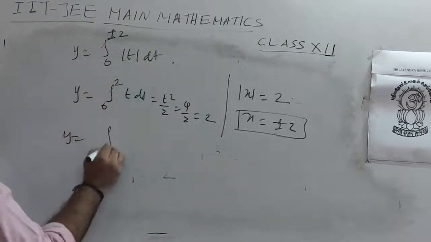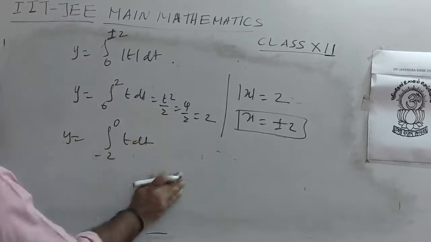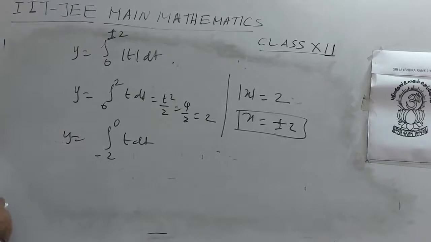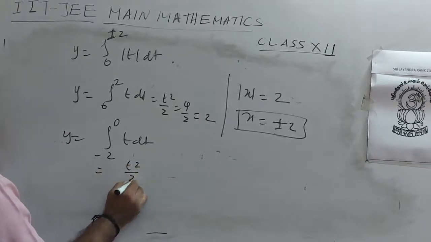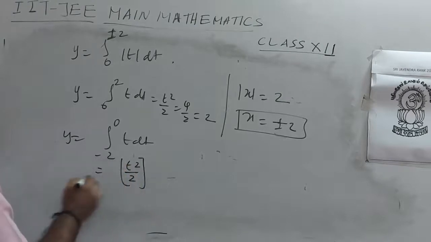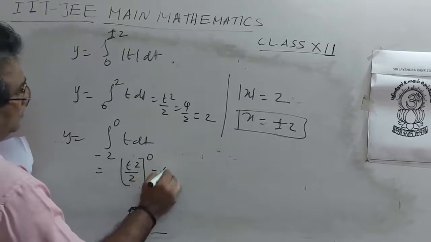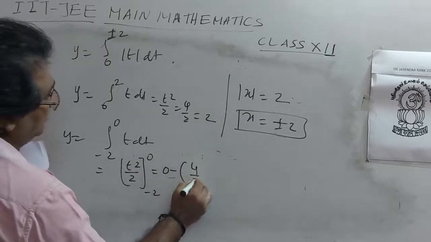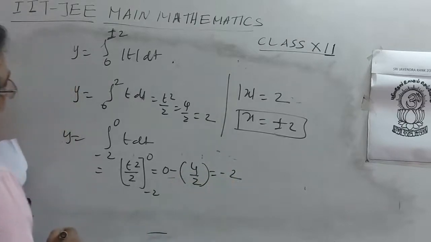Minus 2 means minus 2 to 0 of t dt, t square by 2 from minus 2 to 0, 0 minus 4 by 2, that is minus 2.